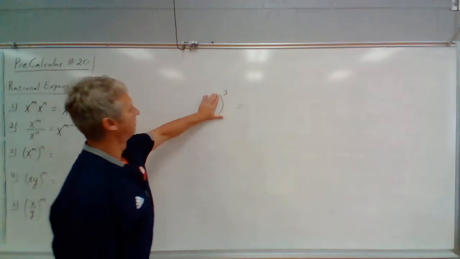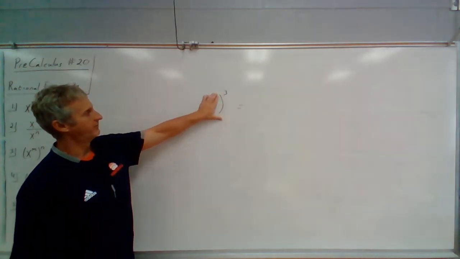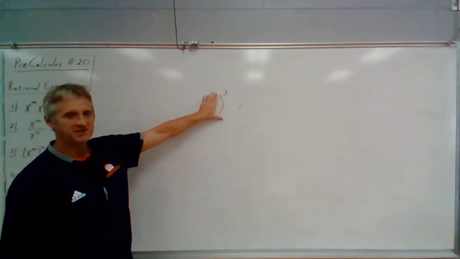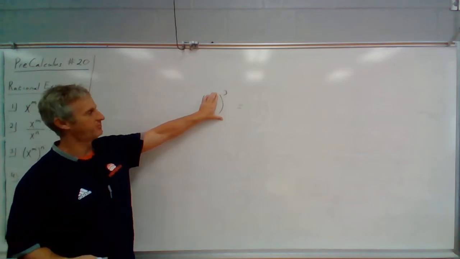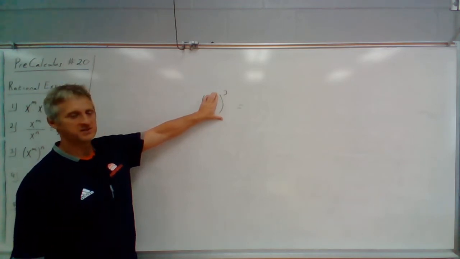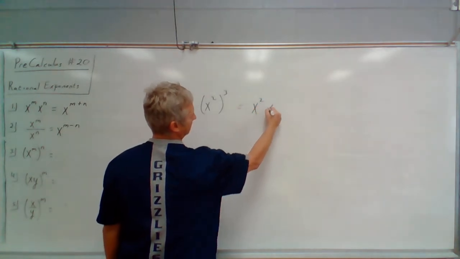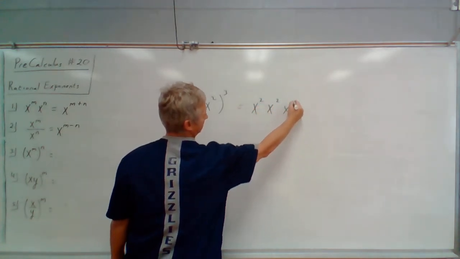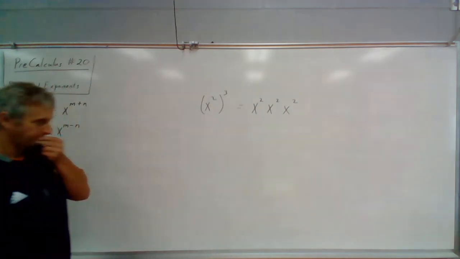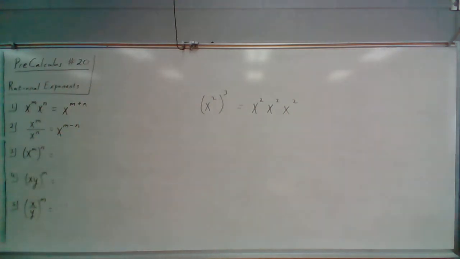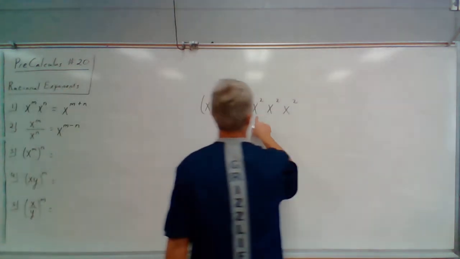If we raise this to the third power, then that means to multiply it by itself 3 times. So this would be x squared times x squared times x squared. Then by rule number 1, we should add those exponents.